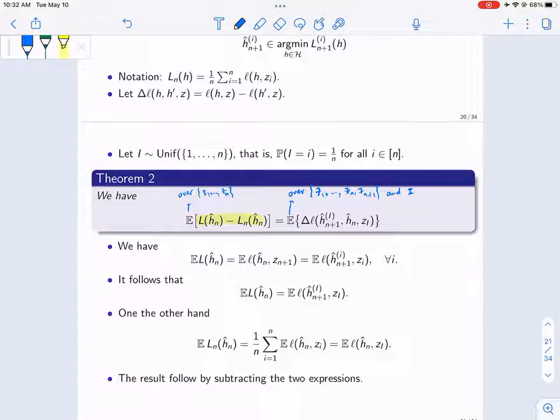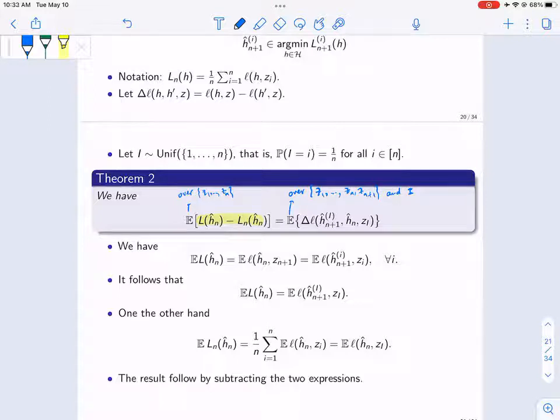Just on average, the difference between the training and the generalization loss of an ERM is related to this stability in the ERM problem.